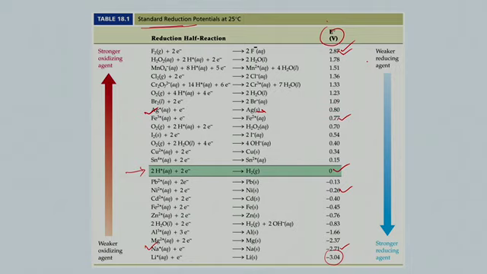Okay. So, that means the higher the reduction potential, the stronger the oxidizing agent, and the lower the reduction potential, the stronger the reducing agent. So, that is the whole concept of this table, and all this E0 value, as I told, is with respect to the hydrogen electrode. Okay.